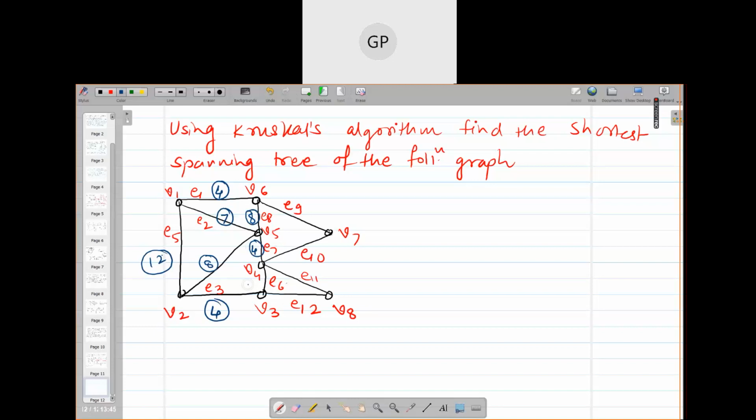E6 is 9. E10's weight is 7. E11's is 5 and E9 it is 7. Have you understood it?